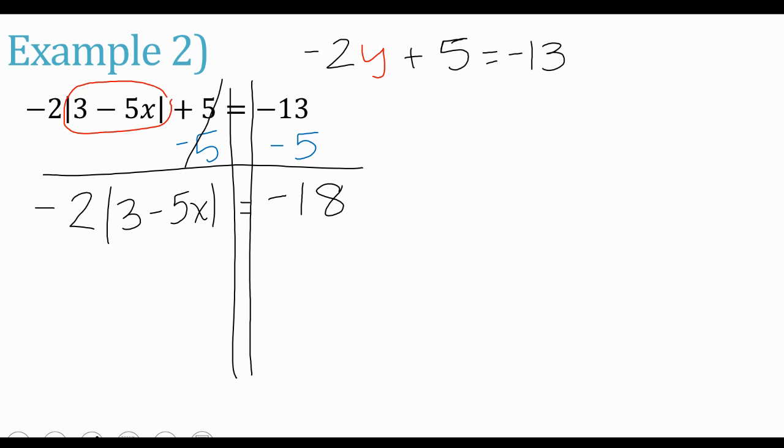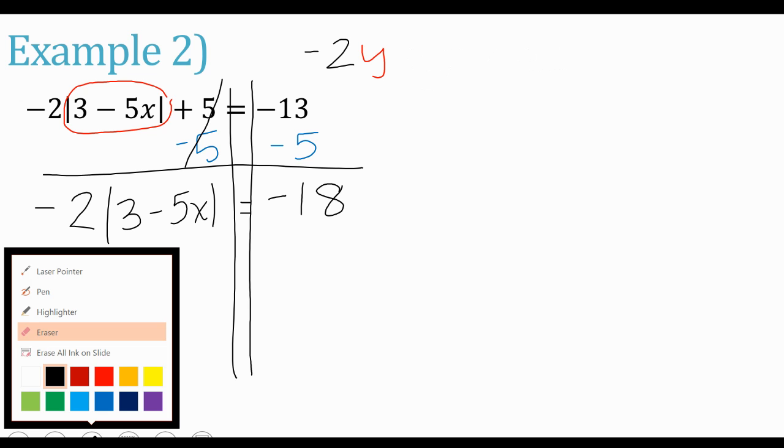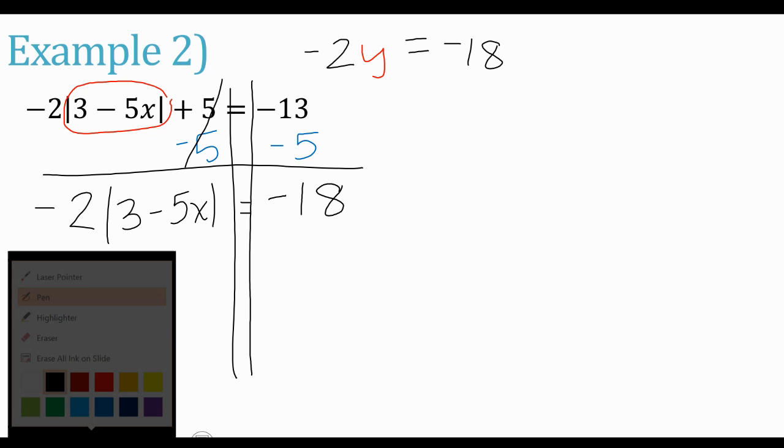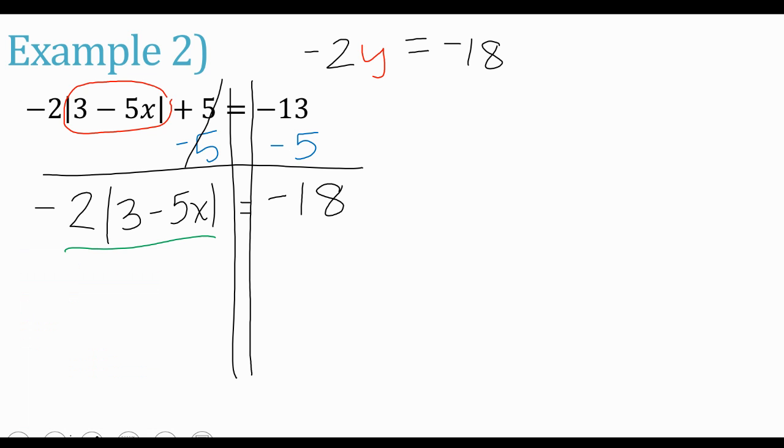All right, so I'm going to just reflect that over here. So now we have negative 2, remember, I'm treating that like a y, equals negative 18. Okay, so if we were solving this, we would divide negative 2 on both sides because we want to get y by itself. So we're going to do the same thing. We're going to divide by negative 2 on both sides.